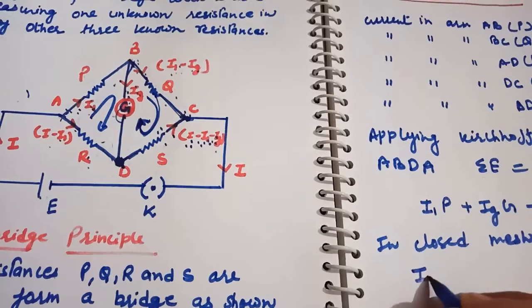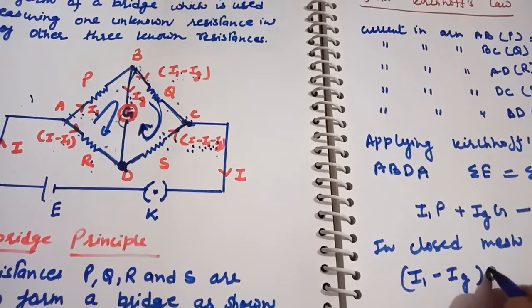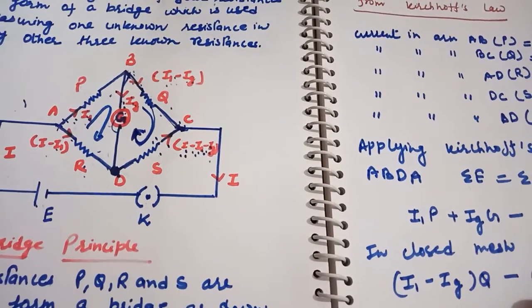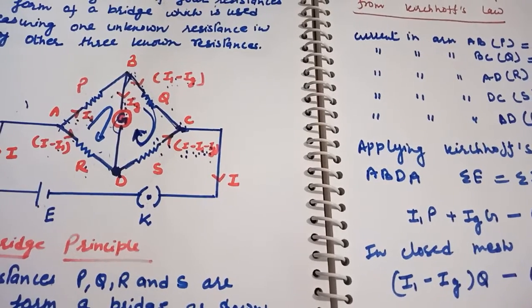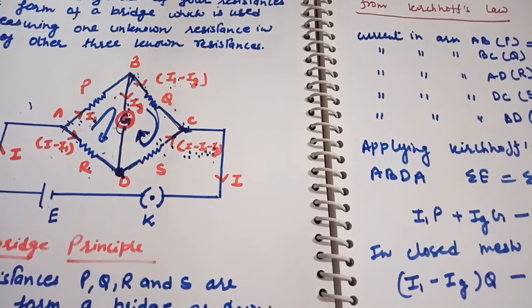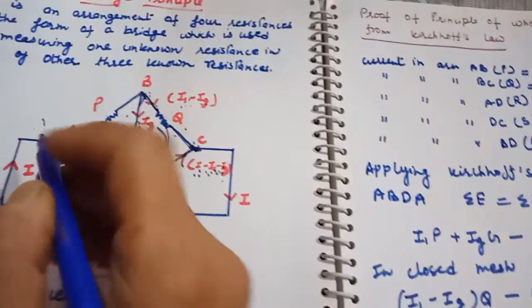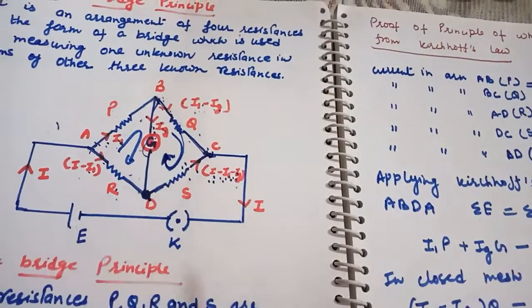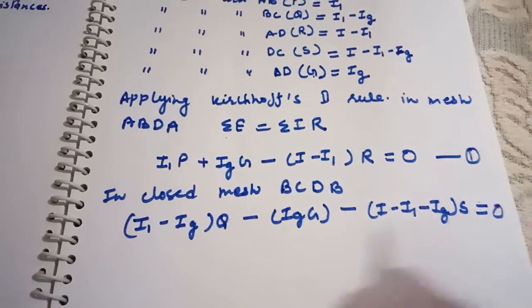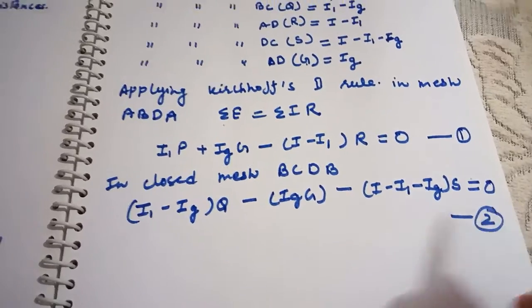So we will write (I1 minus Ig) into Q minus Ig into capital G minus (I minus I1 minus Ig) into S. Since again no cell is connected in this mesh, the resultant EMF is 0. So these are the two equations.